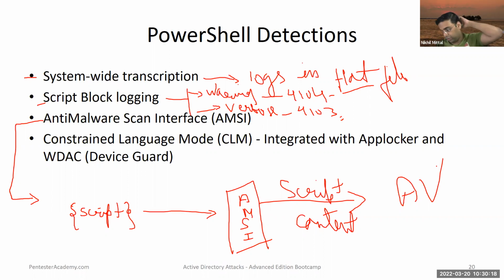You cannot use .NET classes, you cannot access alternate object streams like WMI and whatnot. For example, in our class, from all the things that we discussed, only Microsoft's own AD module works in CLM. Any other PowerShell tool that we run would not work. So that is what Constrained Language Mode is.